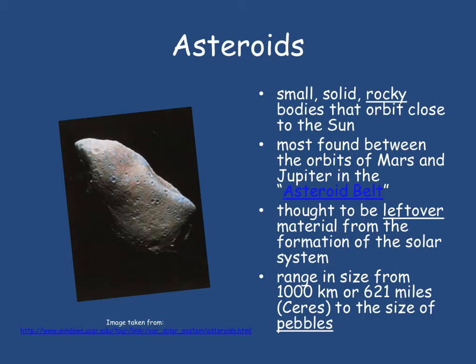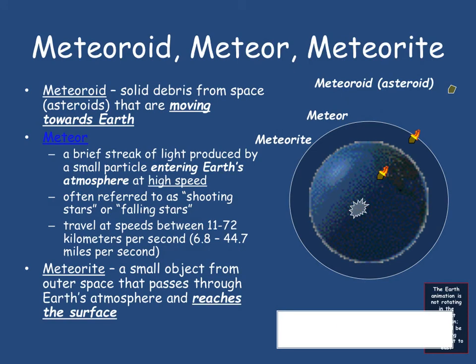Some are tiny, like a pebble. It's still considered an asteroid, all the way up to something as large as 1,000 kilometers, which would be from Rochester to, let's say, the edge of Ohio. So that can be pretty darn big. And there's a picture of one there.